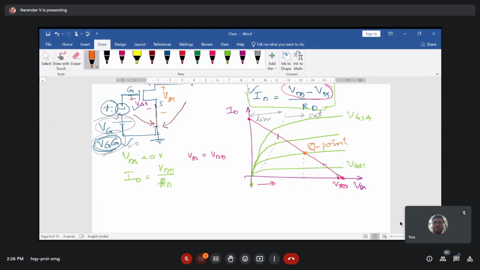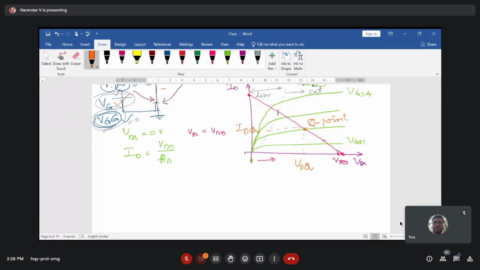As you fix this value, there is no variation in the biasing condition of your transistor. So this is IDQ and this is VDQ. You have to apply a certain voltage here at gate to source and fix this biasing condition so that you will get perfect amplification.